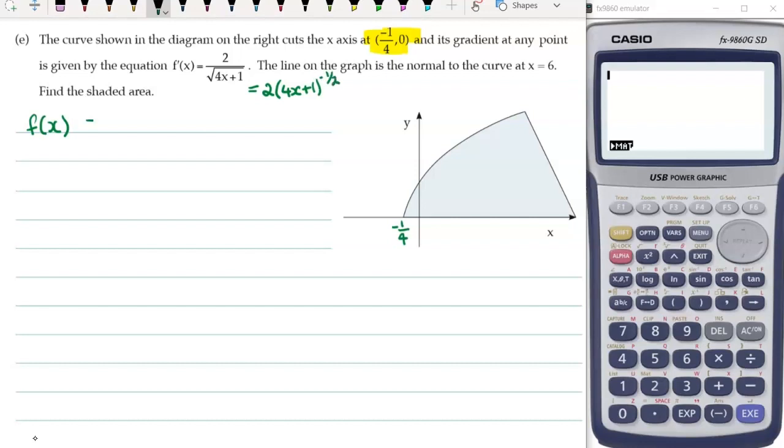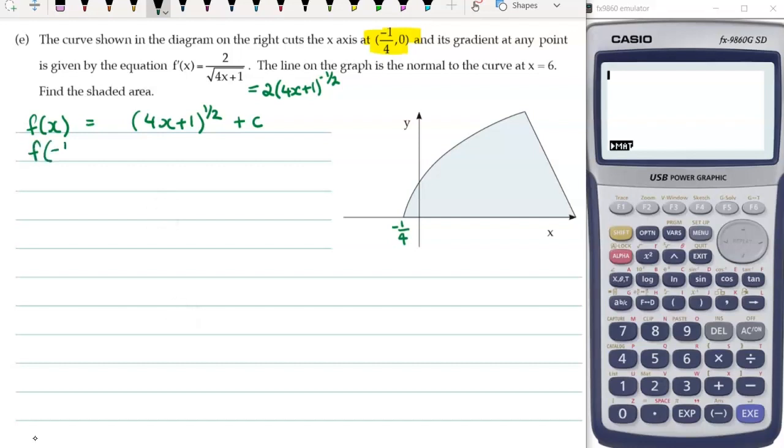So if we integrate, increase the power by 1, gives us a half. Divide by the new power, so that's 2 divided by a half gives us a 4, but then we also need to divide by the 4 that's on the inside, so it just ends up being (4x plus 1) to the half plus c.